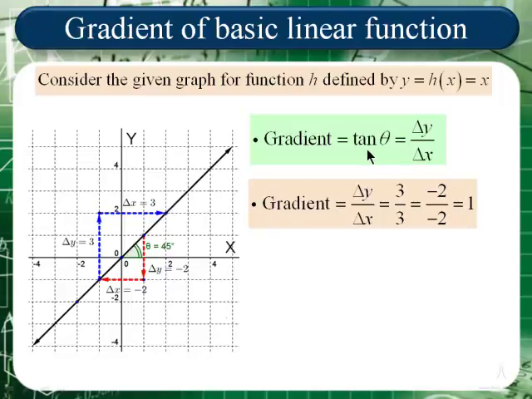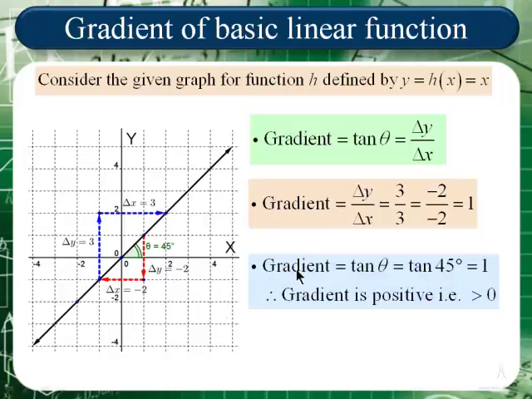And this we know is true because tan of 45 degrees is always equal to 1. So the gradient in this case for this basic linear function is always equal to 1. And further note that the gradient is positive. In other words, it is greater than 0 because 1 is greater than 0.